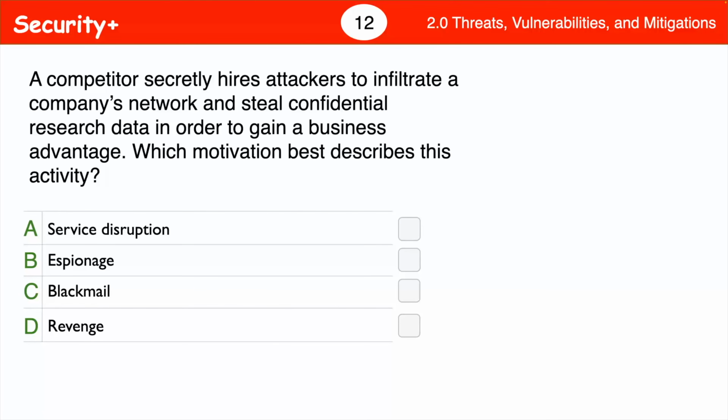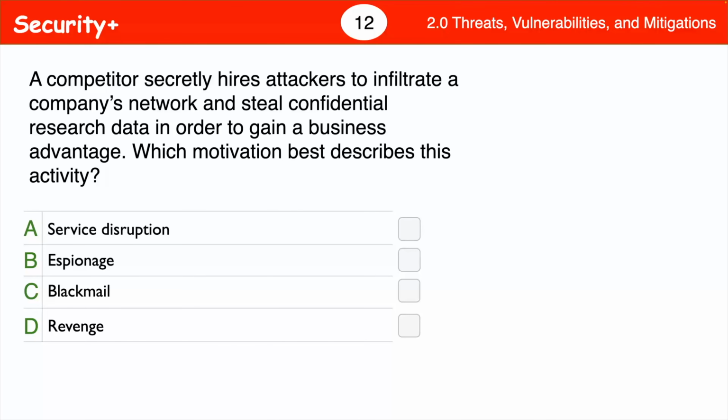All right, question 12. A competitor secretly hires attackers to infiltrate a company's network and steal confidential research data in order to gain a business advantage. Which motivation best describes this activity? A, service disruption, B, espionage, C, blackmail, or D, revenge.